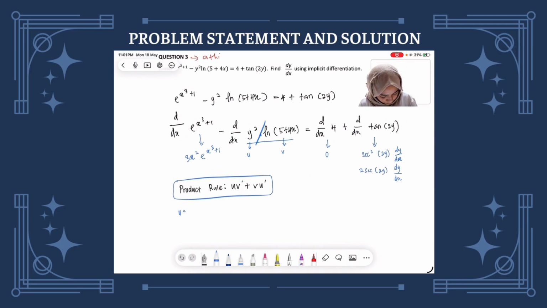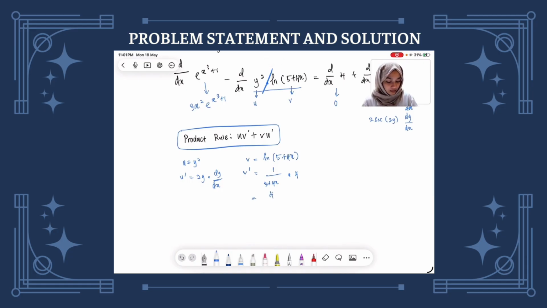So u is y squared, u prime is 2y times dy over dx. v is ln of 5 plus 4x, v prime is 1 over 5 plus 4x times 4.